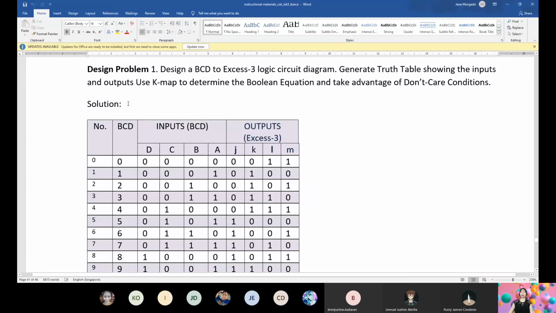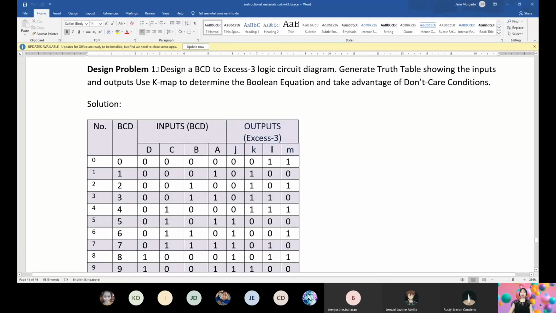Okay. Let's have a design problem. In the real world, why do we have this subject? You were given a practical problem that you are bound to solve.